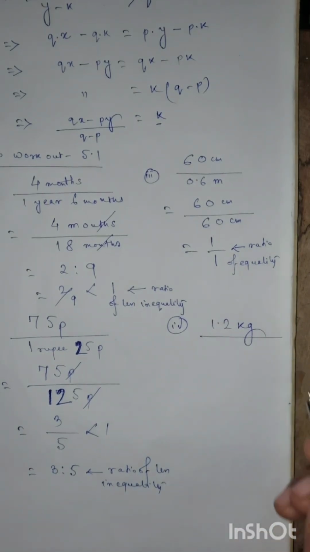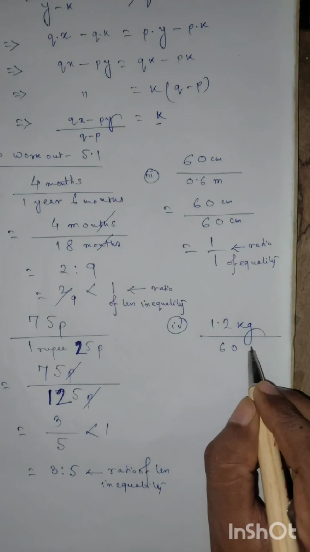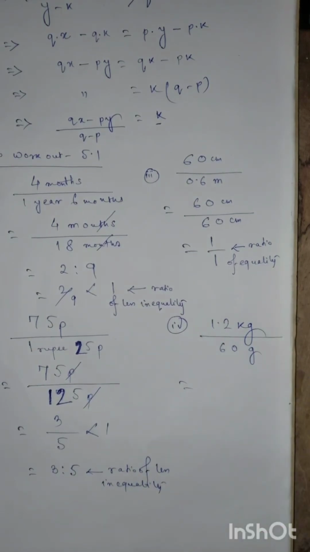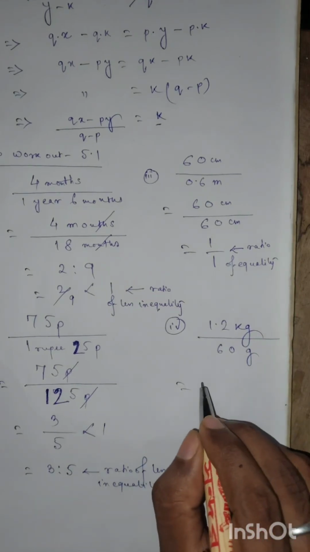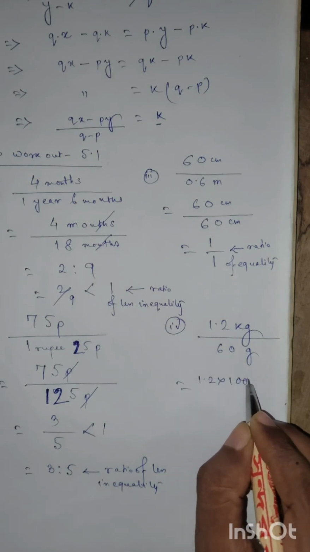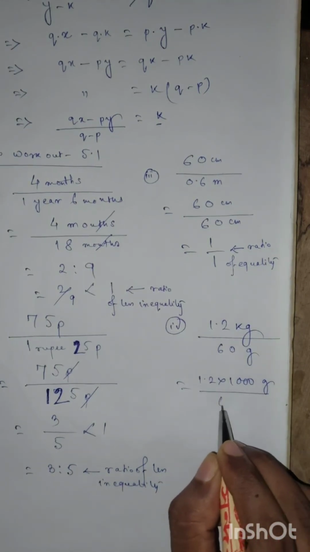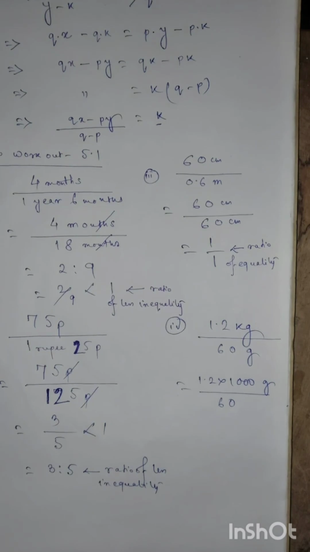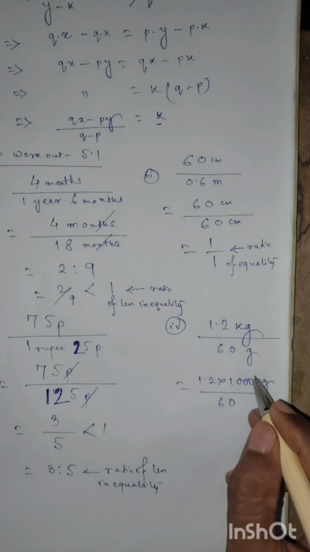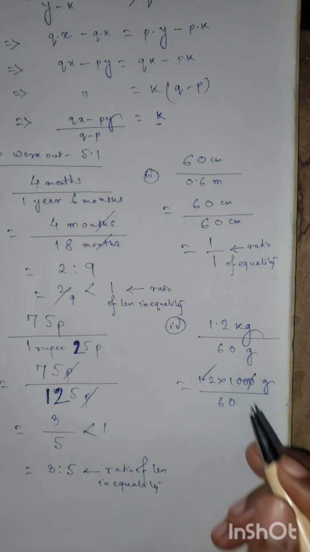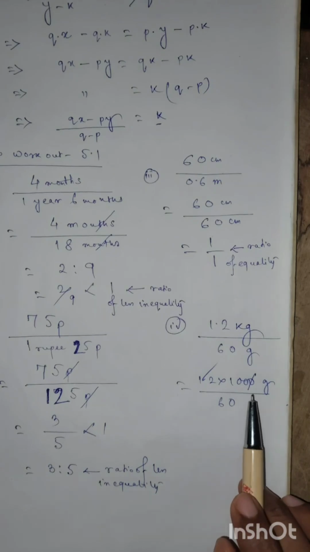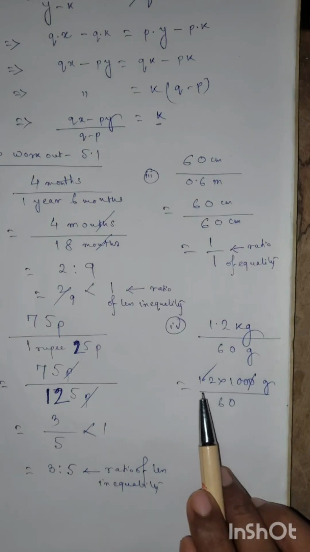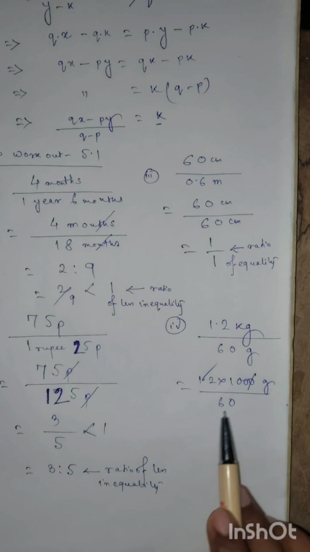1.2 kg by 60 gram. So let me convert 1.2 kg into gram. So it gives us 1200 by 60. 1 0 is cancelled and the point is omitted. Okay. So 12 into 100 by 60.